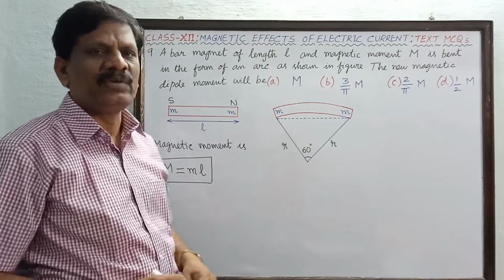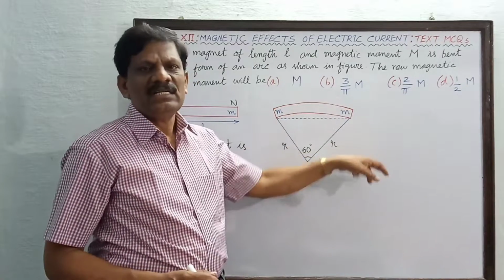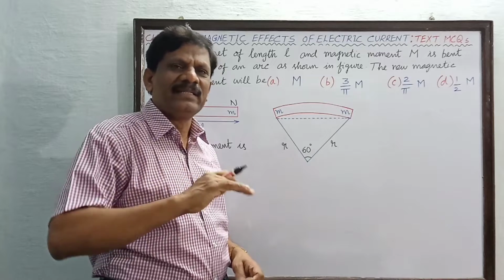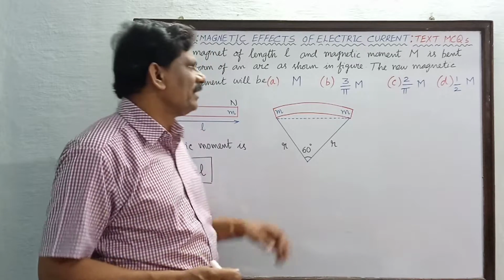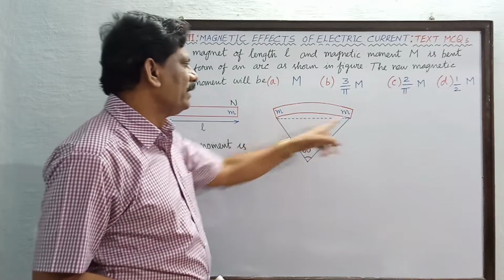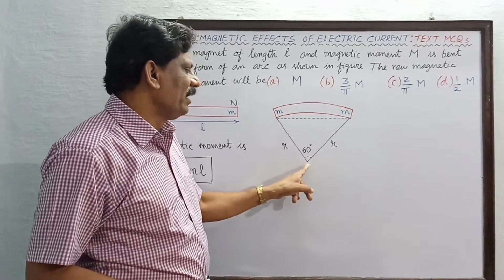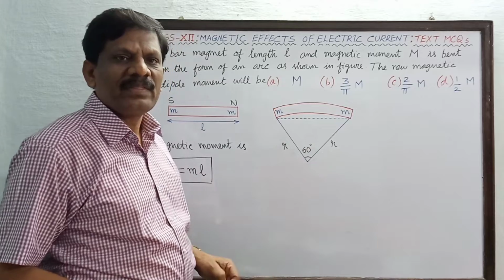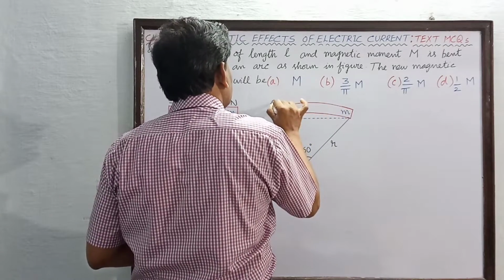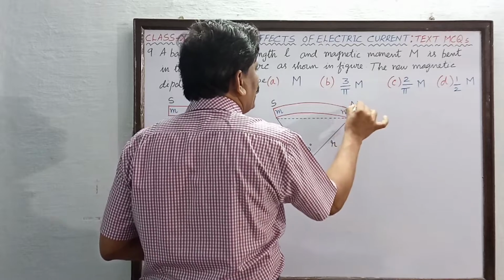Now in the second picture you can see that it is bent. So the curved arc length, or the length of the arc, is given as what? Small l, it is L only, and the two ends make an angle of 60 degrees. So it is a part of the circle. This is the south pole and this is the north pole.